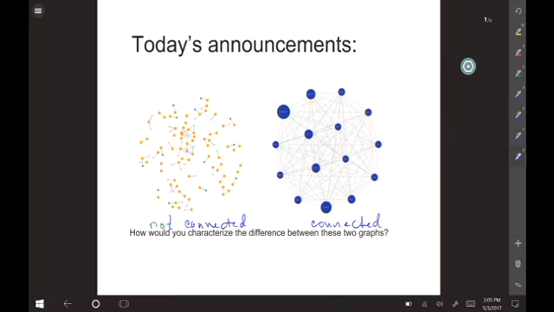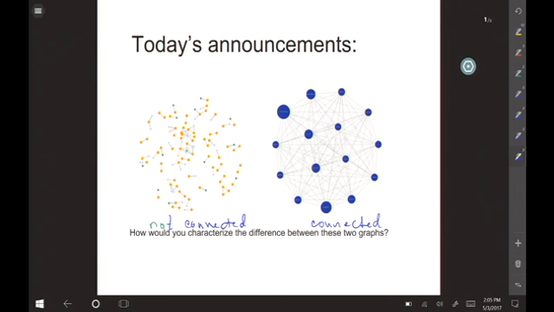Yeah, it's more than just connected. It's nearly complete, right? There are tons of edges here. If we give a human word to the description of the difference between them, we might say this is dense.